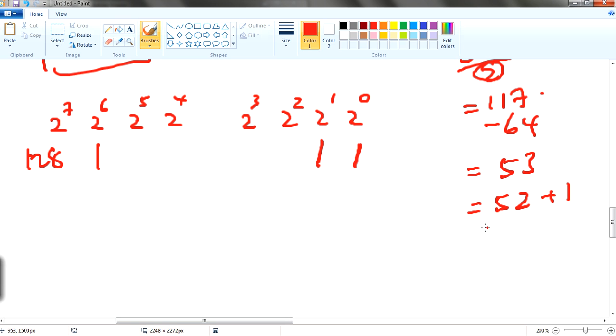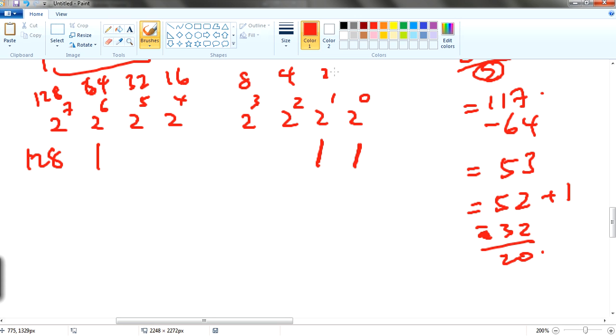Okay, so 52 minus 32 is 20. Maybe I should write down: 128, 64, 32, 16, 8, 4, 2, 1. Okay, this is much clearer. Because 52 is larger than 32, I can straight away take this one over here. 52 minus 32 equals 20, so 32 exists inside this number.